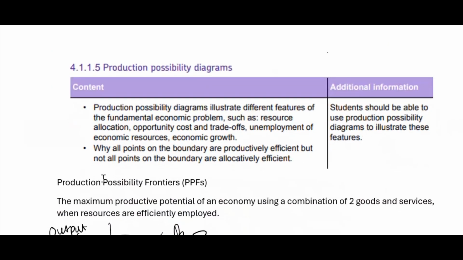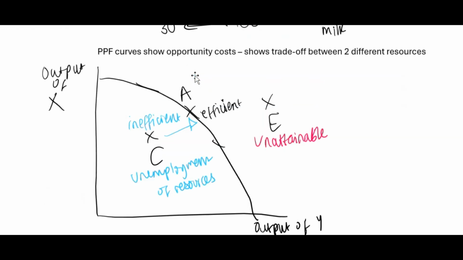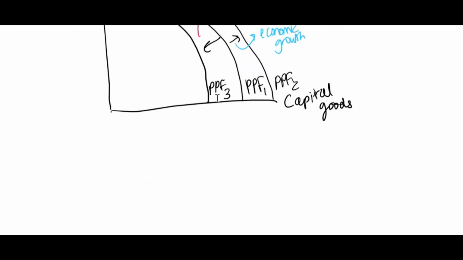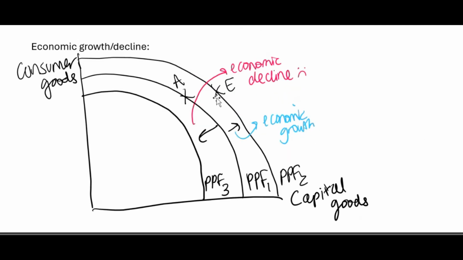Saying, why are they all productively efficient, but not all of them are allocatively efficient? Okay. So I'll go through that in a minute. I just wanted to talk about the difference between capital goods and consumer goods, because we wrote them down on our axes, but I don't think we understand fully the difference between them. So what do you think the difference is?